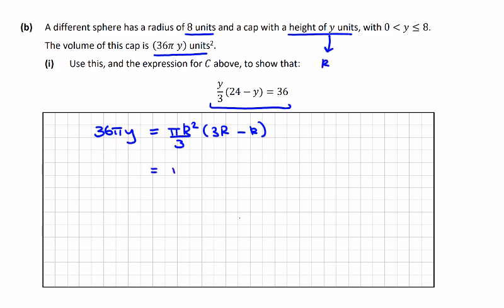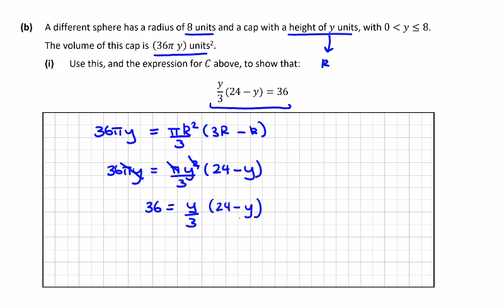So that's pi y squared over 3, and the sphere radius is 8, so we have 24 minus y in here. So 36 pi y is equal to this expression. We want 36 on its own, so divide by pi, and one of the y's. So we'd end up with 36 is equal to y over 3 times 24 minus y, which is what they were looking for.